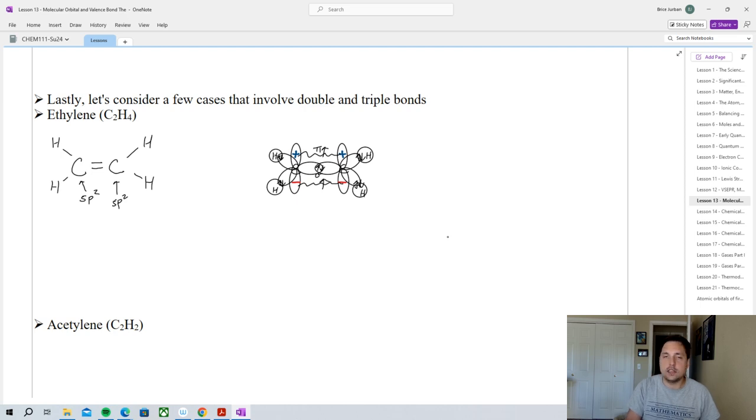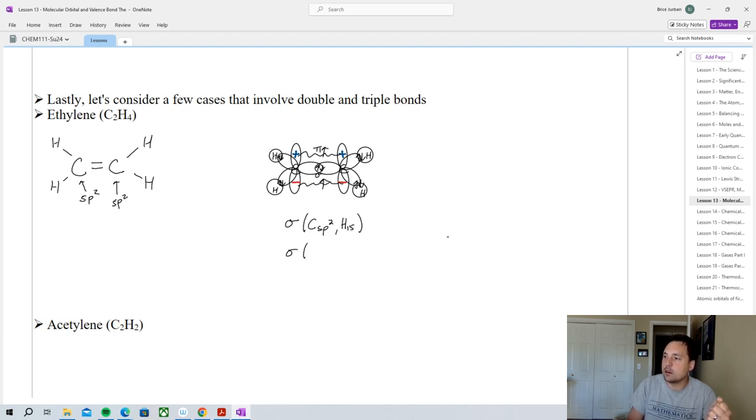Awesome. So if we want to depict each of these different bonds that are occurring, we have the sigma carbon sp2, hydrogen 1s overlap.